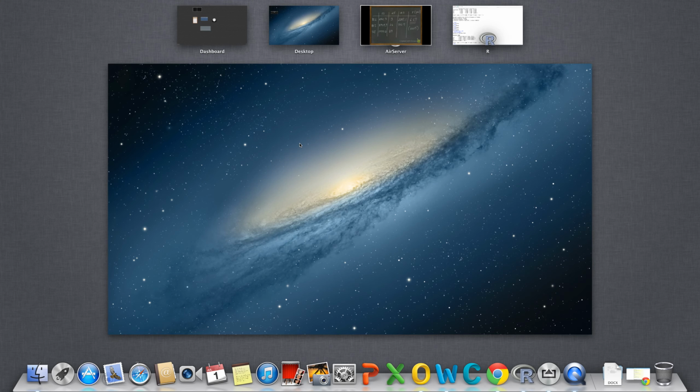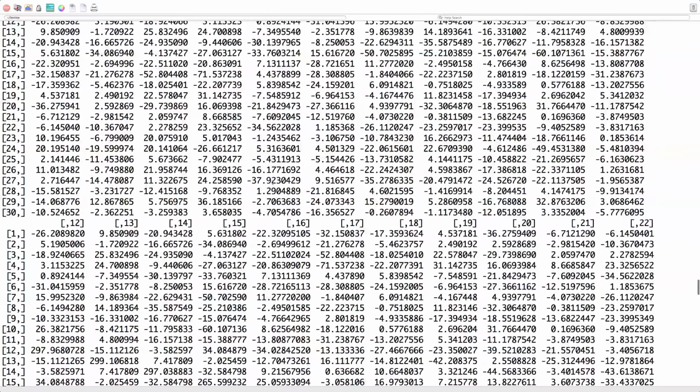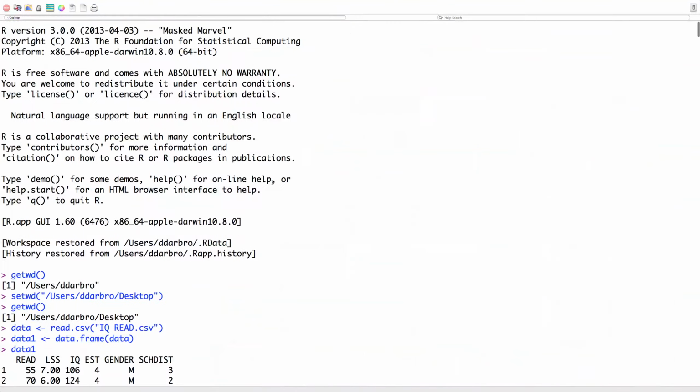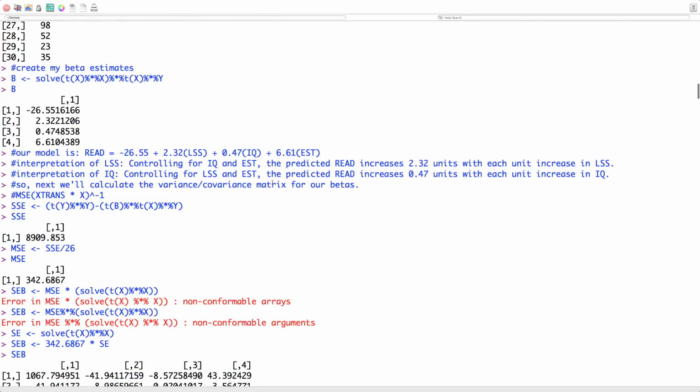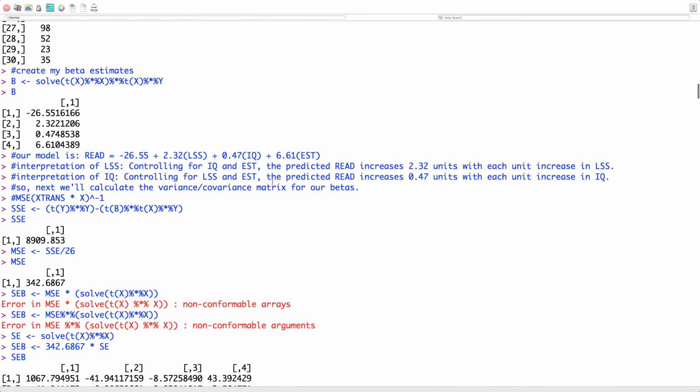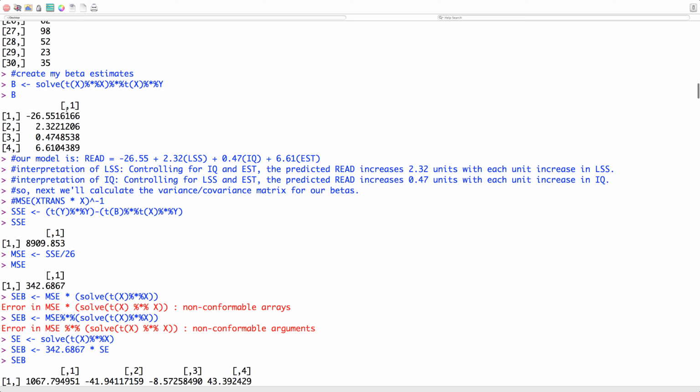We'll keep a running total here. We can go back to R. And what was our beta estimate for IQ? We got that back there when we calculated B. And remember, the first was our intercept. The second was LSS.